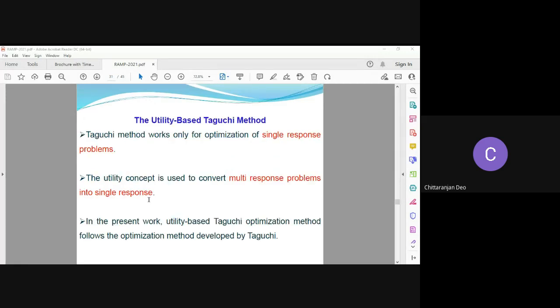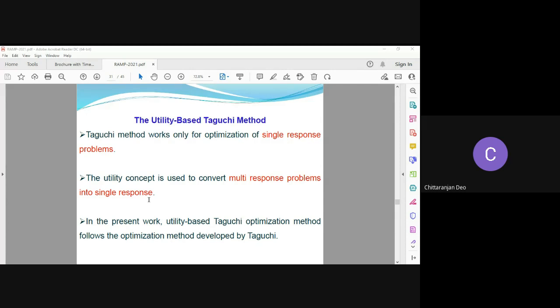Why do we go for this utility-based Taguchi method? Because the Taguchi method works only for optimizing a single response problem. The utility concept is used to convert the multiple response problem to a single response.